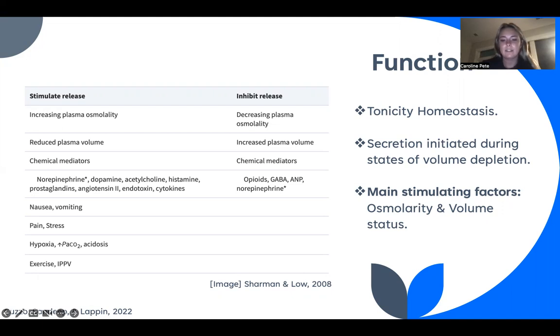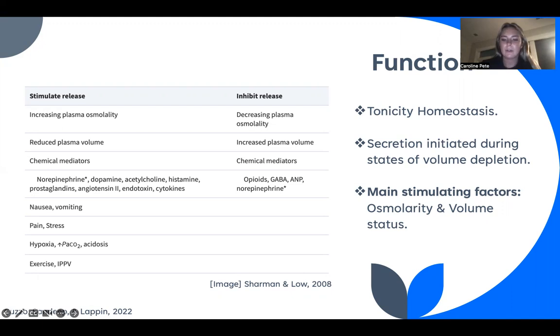As it is released, water reabsorption in the kidneys is promoted, along with vasoconstriction. The two mechanisms combined cause an increase in effective arterial blood volume and blood pressure to maintain tissue perfusion.